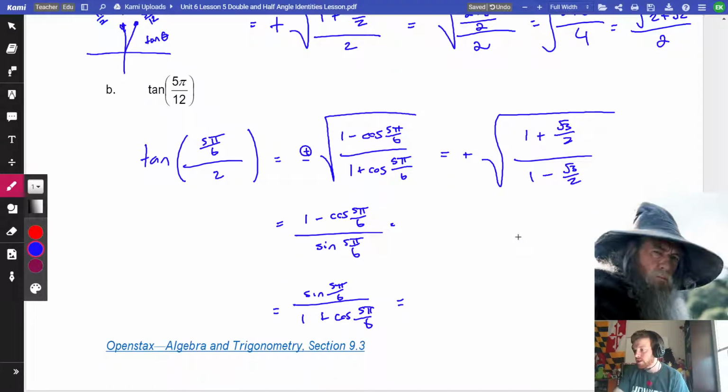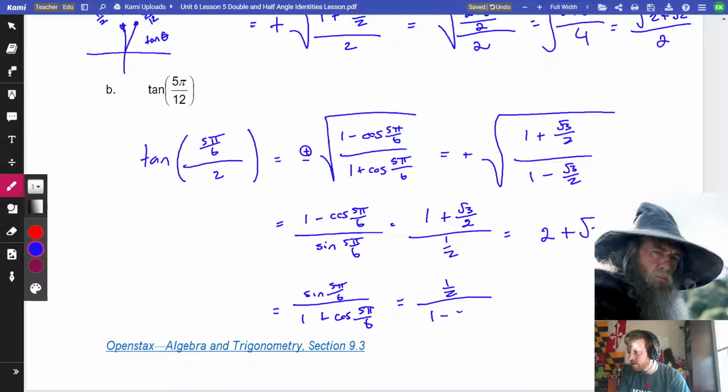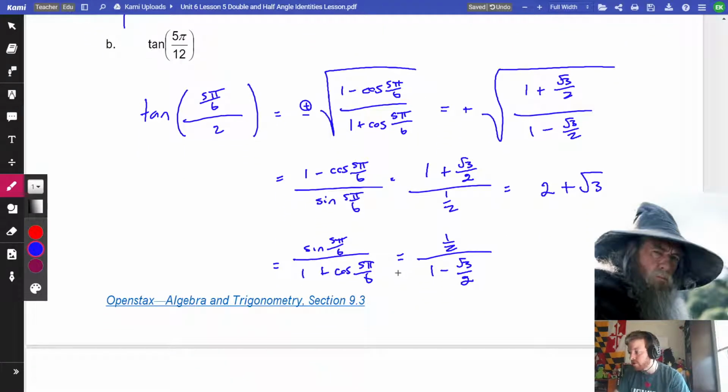And so that's going to be 1 plus root 3 over 2 all over sine 5 pi over 6. That's 1/2. Oh, I like that. That's going to give it to us right away. Ooh, that's nice. We have a 1/2 there, 1 plus 1 minus root 3 over 2. And hopefully that gives us a 2 plus root 3.